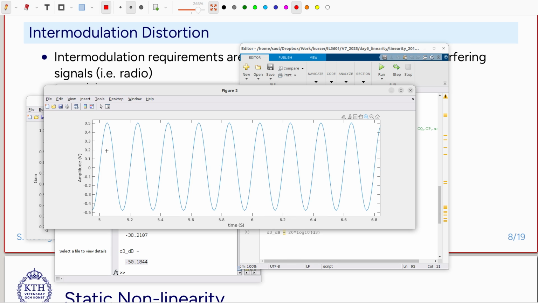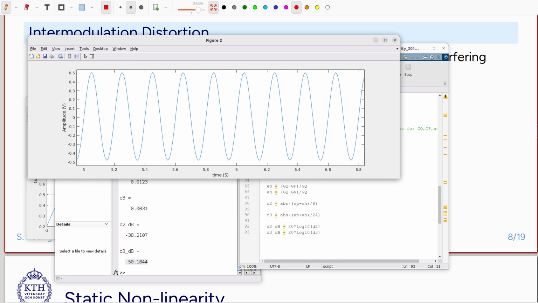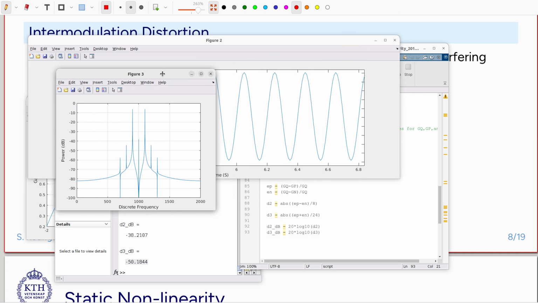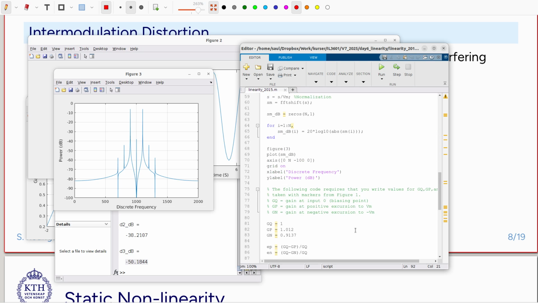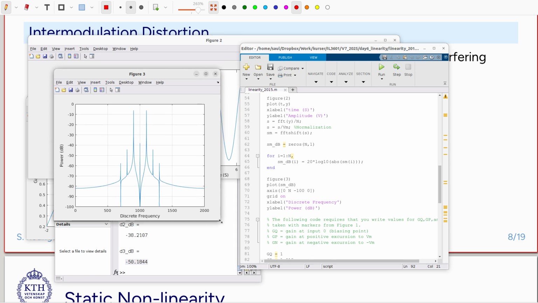So you see this is a 0.5 volt signal that is entering this nonlinear system, and then I extract the spectrum of this signal using an FFT. So we have the spectrum, and then we can calculate the distortion levels in this signal.